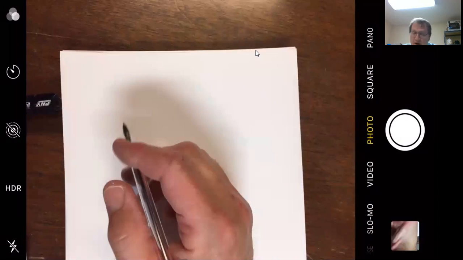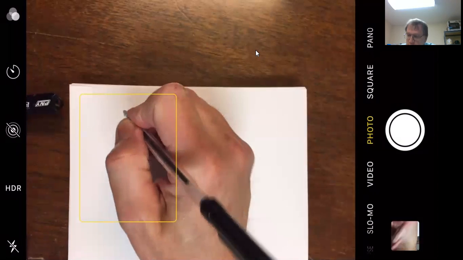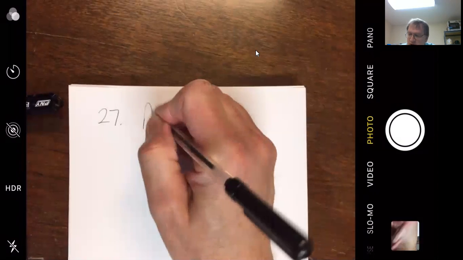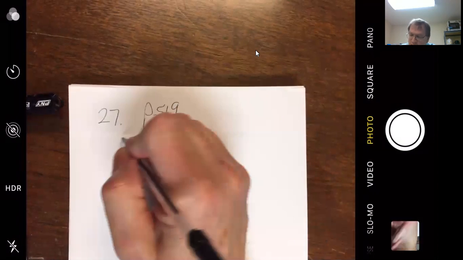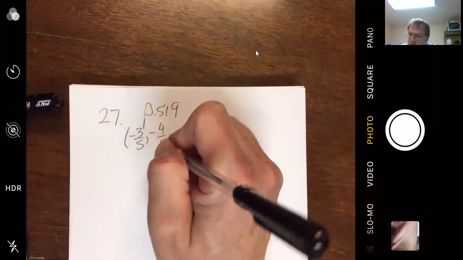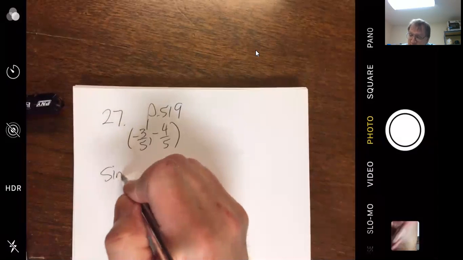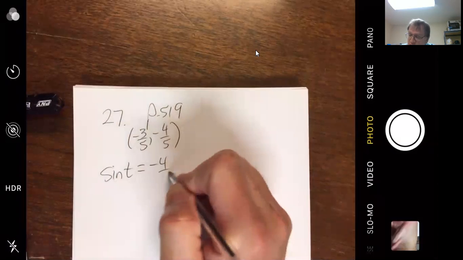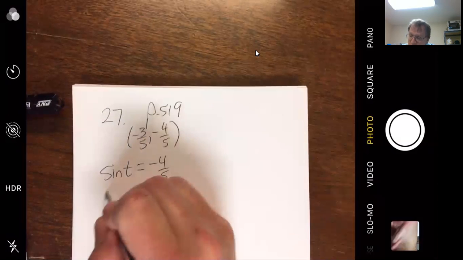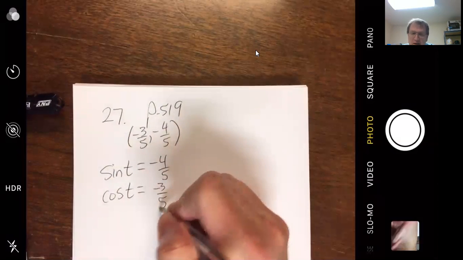27, 29 through 35 is pretty straightforward. 27, page 519. Have -3/5 and -4/5. They're just asking for the first three. Sine of t is just your -4/5, your y-coordinate. Cosine of t, x-coordinate, -3/5.